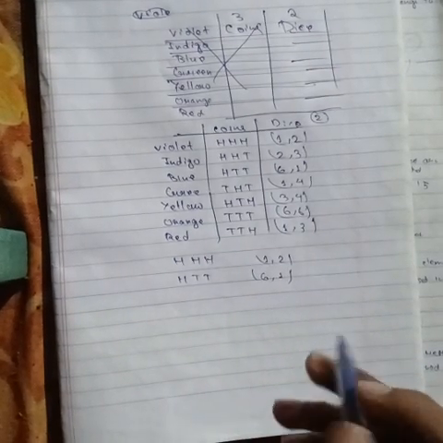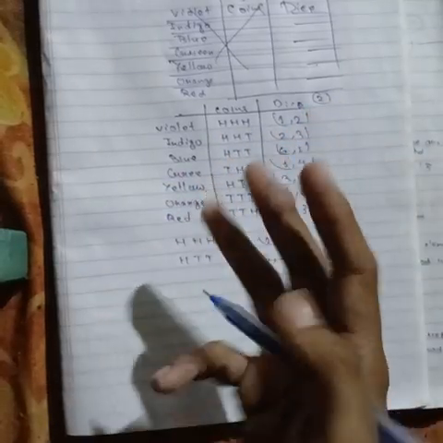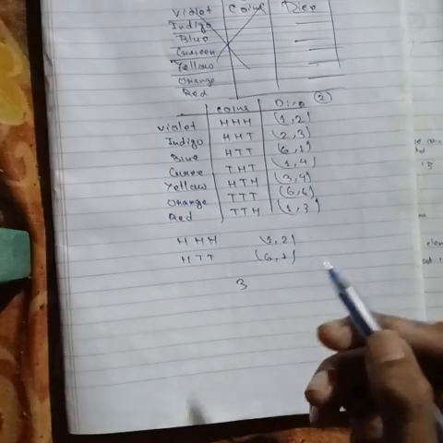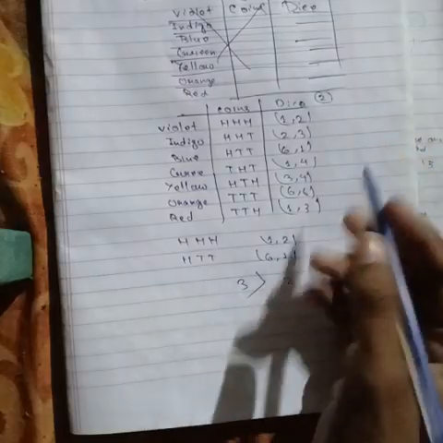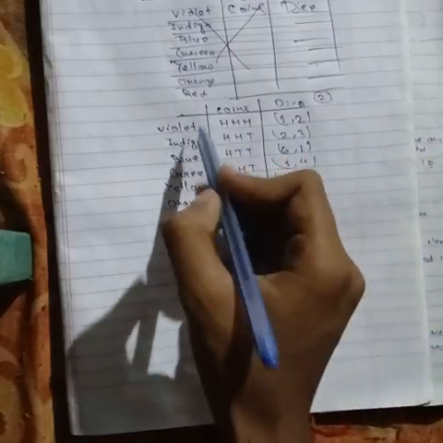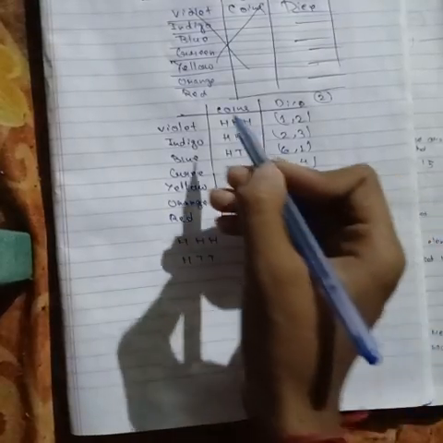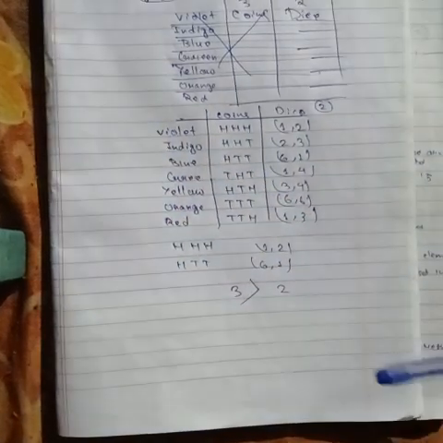Notice just one thing. For violet you have to use 3 coins, and for dice you have to use just 2 dice. Within these 2 dice you can convey this information, but you have to take 3 coins to represent the same information.